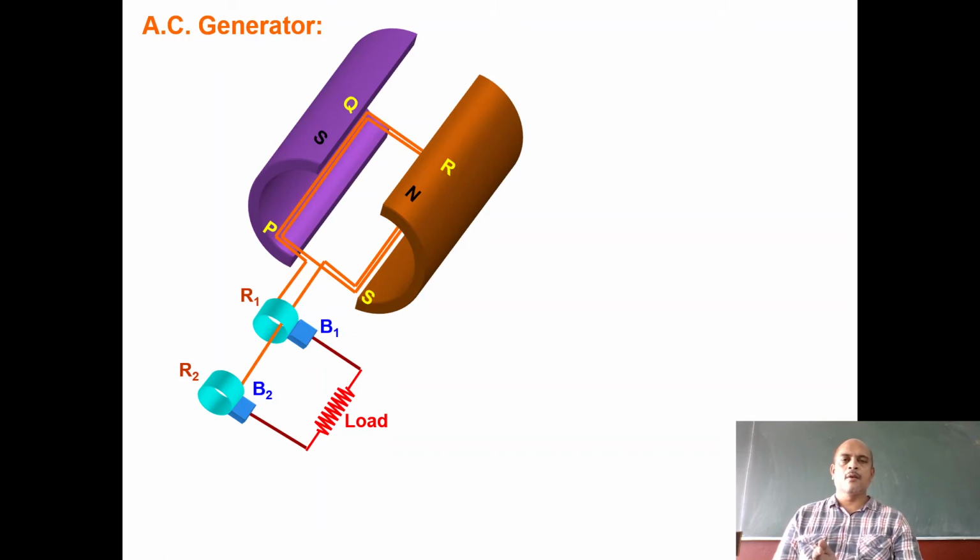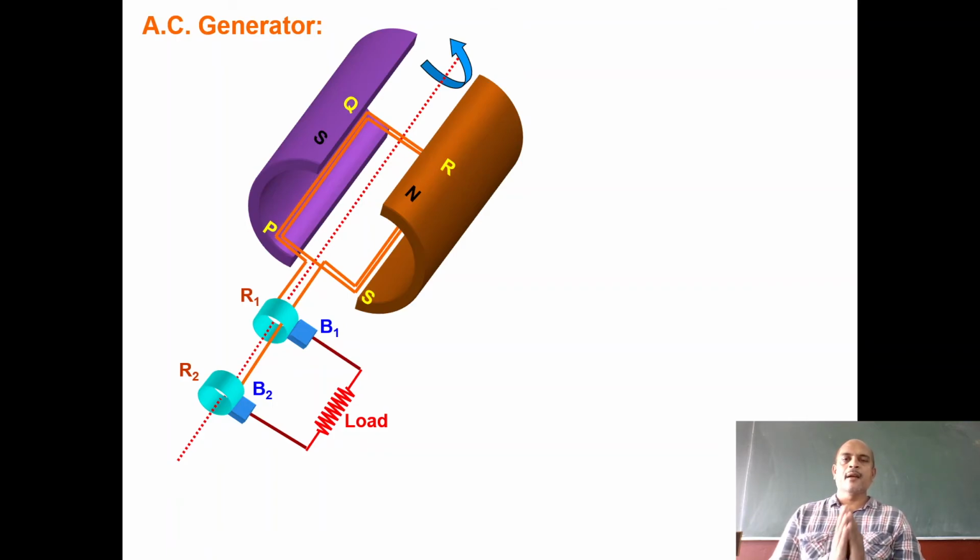There are two poles, north pole and south pole, and a coil PQRS is placed between them, connected to slip rings using brushes B1 and B2, which are made of graphite, and a load where we want to get that current.